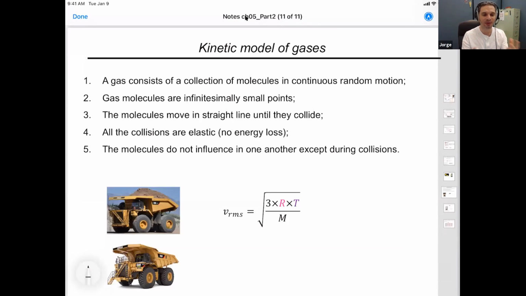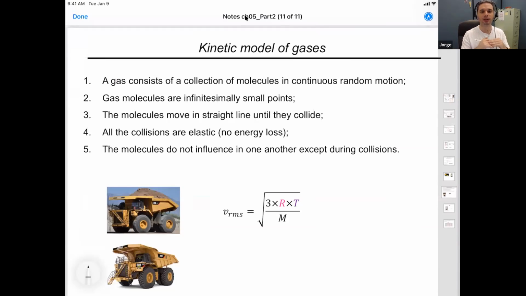And fifth point, the molecules do not influence one another except during collisions. Okay. The fifth point, when we have an ideal gas, means that the interactions between two molecules are not considered. Okay, so no influence from one molecule to another molecule.